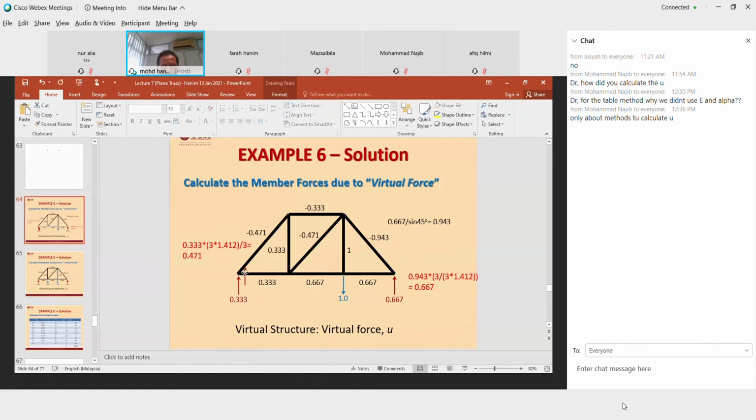Because the force here is to counter this 0.333. So therefore, it must be in compression. It must be in this direction.